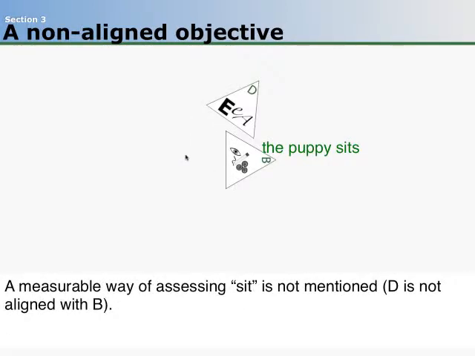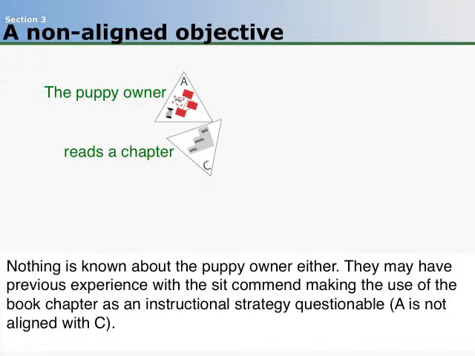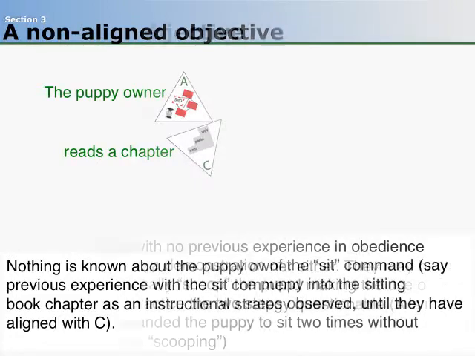And then a measurable way of assessing sit is not even mentioned, so D is not aligned with B. And if we look at the alignment of A and C, we realize that we really don't know anything about the puppy owner, and so we don't really know whether or not that chapter helped them or not.